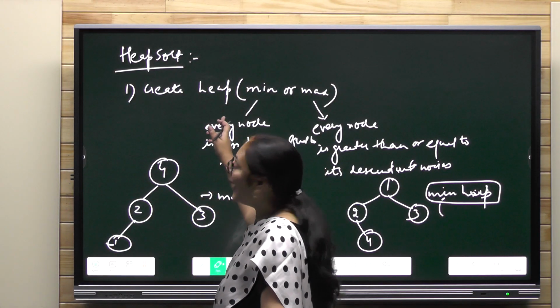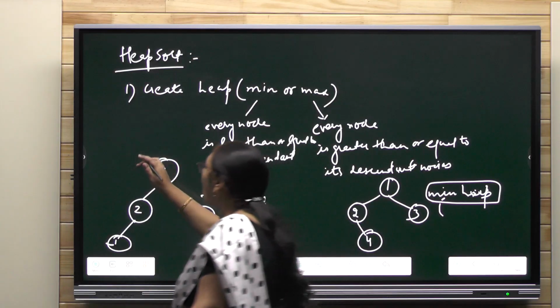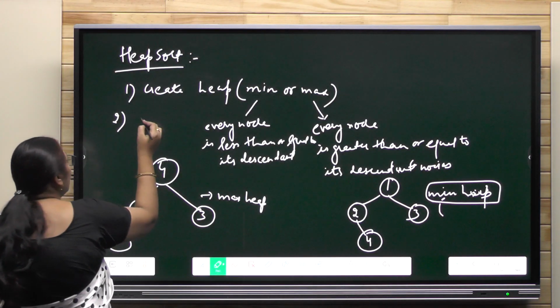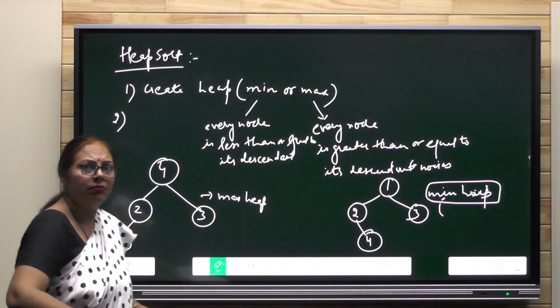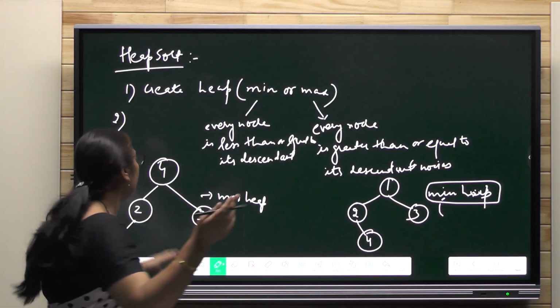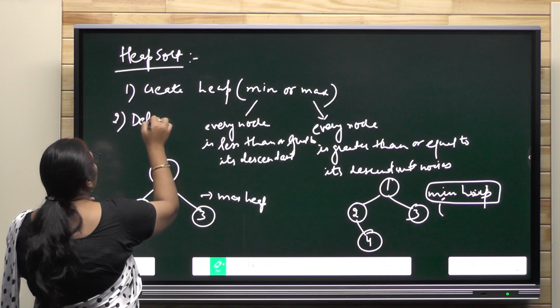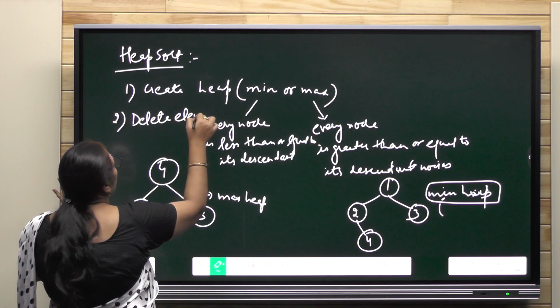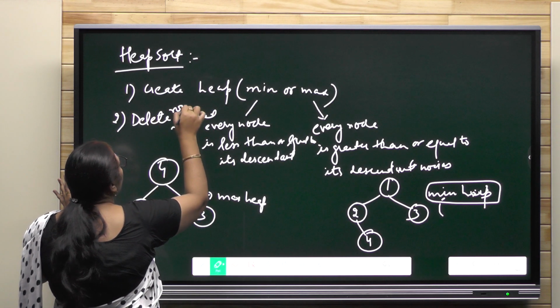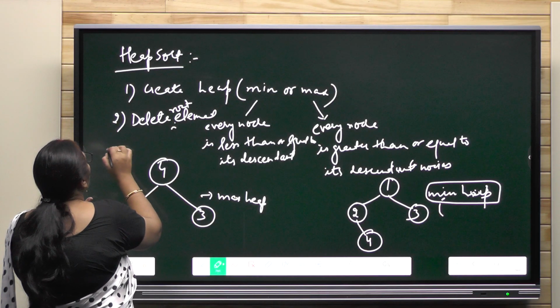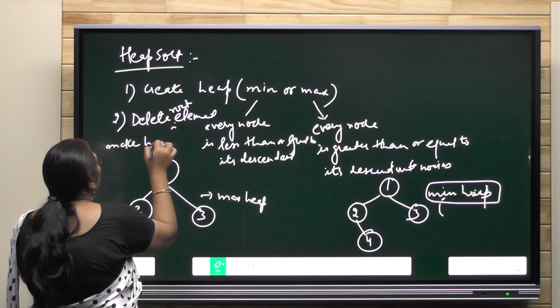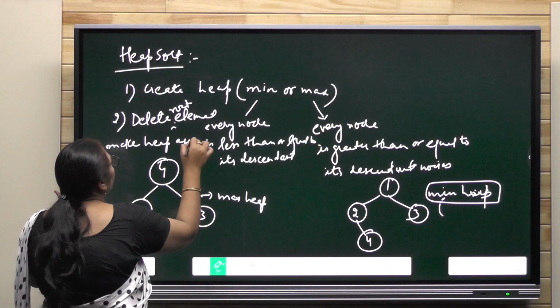The first step is to create the heap, either max or min heap. After that, we will delete the root element, and after deleting the root element, make the heap again with the same procedure.